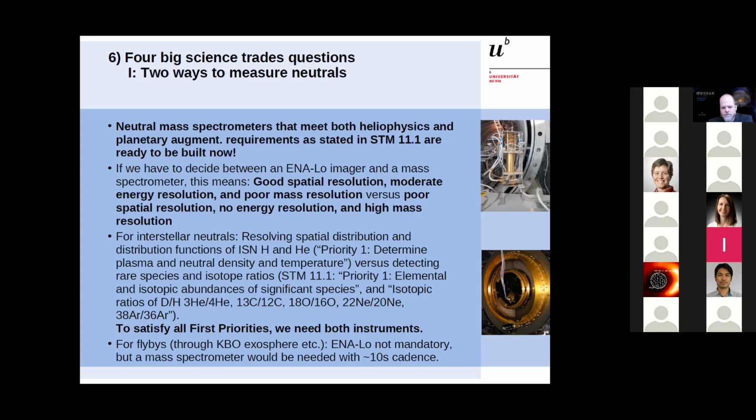That is relevant because it tells us something about the interaction, and the way this interaction between the interstellar medium and our heliosphere actually works. And that's basically this first and probably the biggest science trade question.